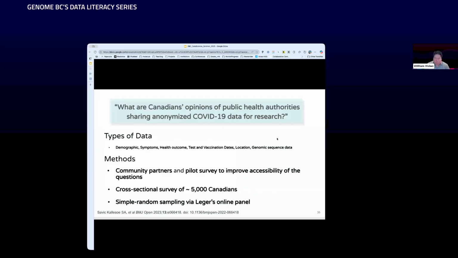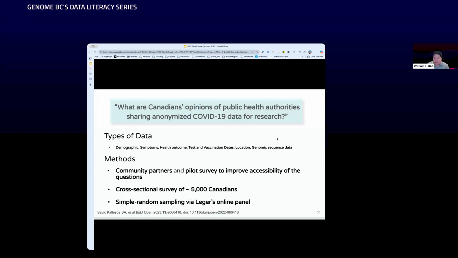So both legally, but also through public opinion, we try to understand where the sentiment of the public lies. During the pandemic, we also conducted a survey of about 5,000 Canadians across the nation, and essentially asked them what type of anonymized and de-identified COVID-19 data they would be willing to share with researchers.